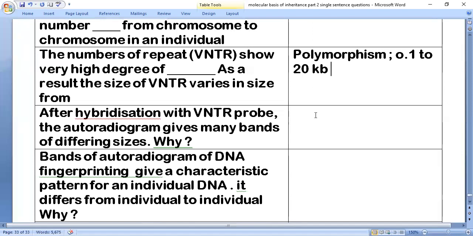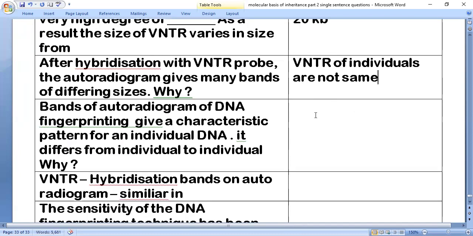After hybridization with the VNTR probe, the autoradiogram gives many bands of differing sizes. Why? Because the VNTRs of individuals are not the same. Bands of the autoradiogram of DNA fingerprinting give a characteristic pattern for an individual's DNA. It differs from individual to individual. Why?